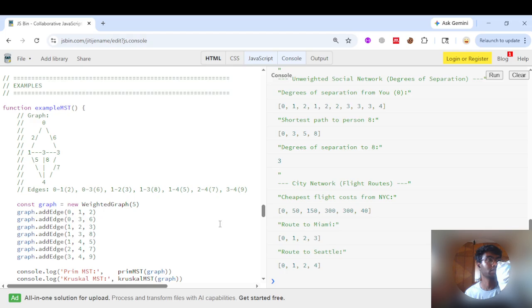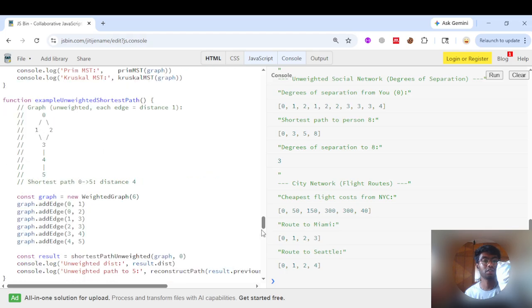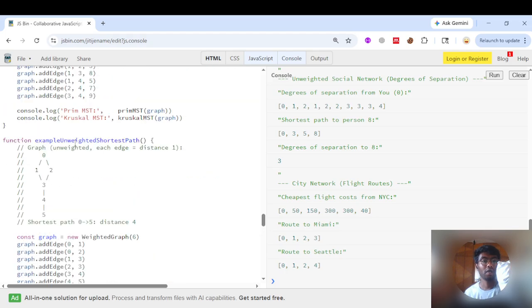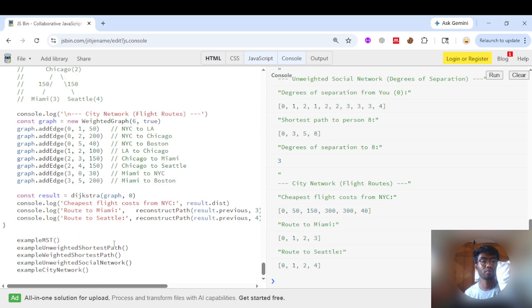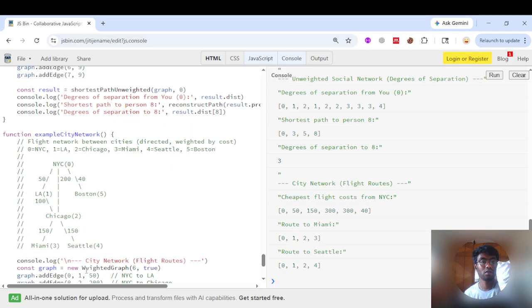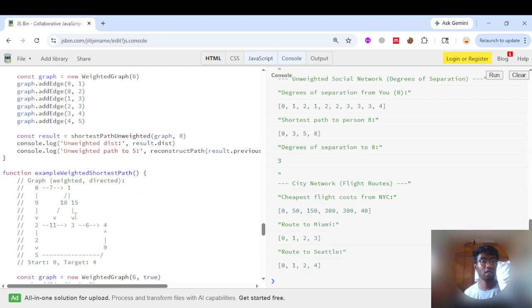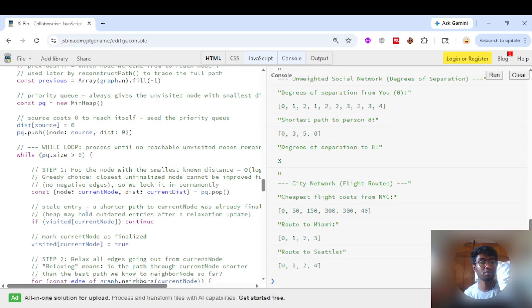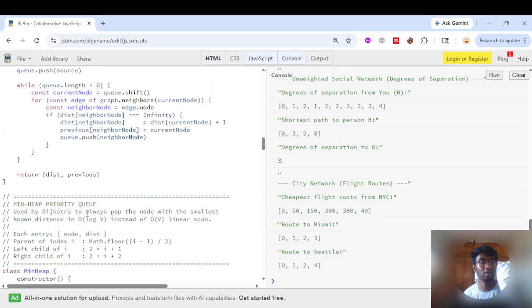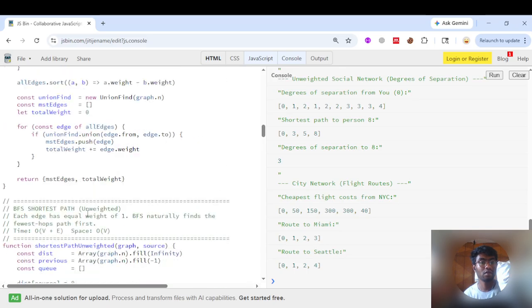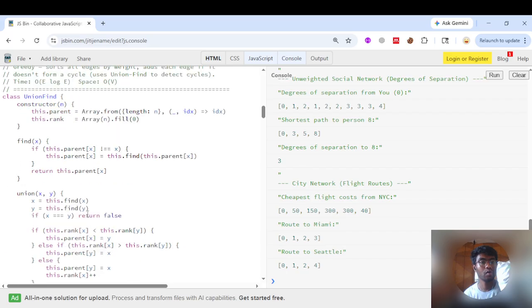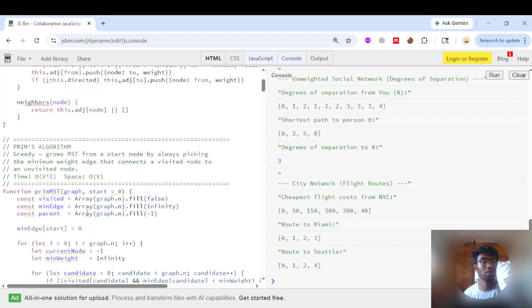Let's go to the last one, which is unweighted. So it would be weighted shortest paths. I don't think I picked it up here, so let me see. So I have not added the algorithm here.